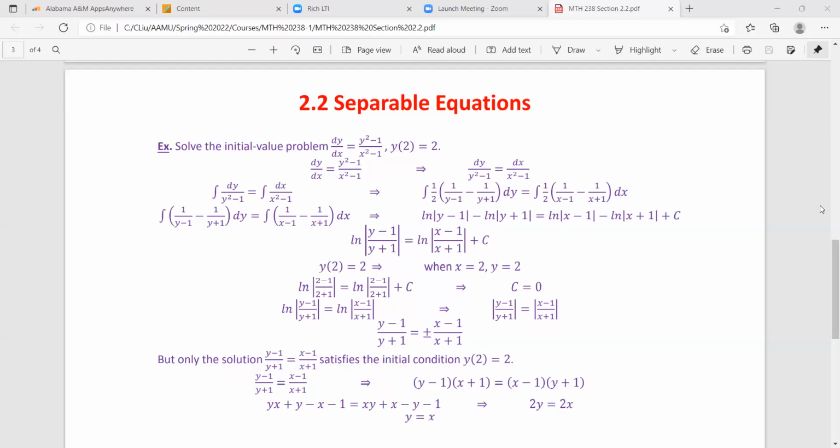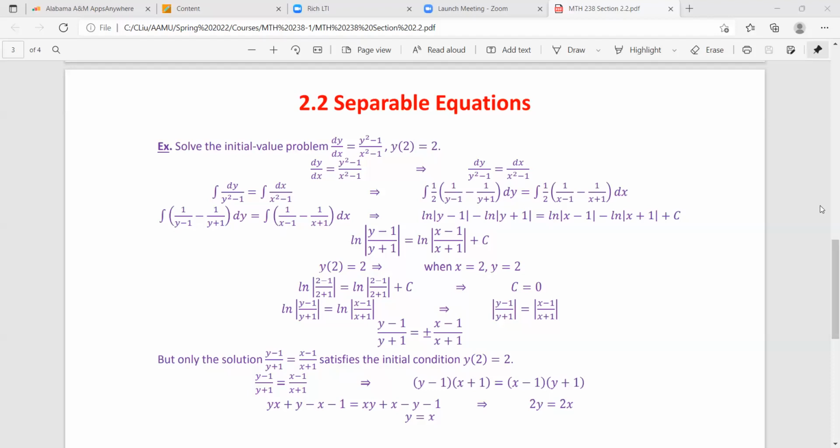And you can do a lot of cancellations. Y times x and x times y are the same, so they cancel. Negative 1, they cancel. So what is left is just y minus x equal to x minus y, and then you can combine like terms, move y and x to the other sides, and you end up with 2y equal to 2x.